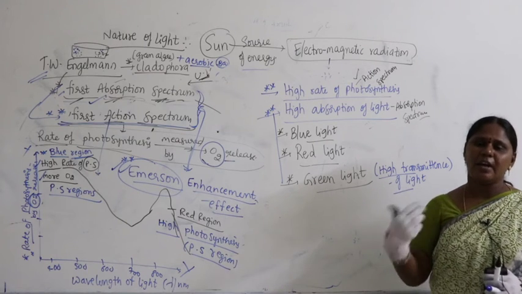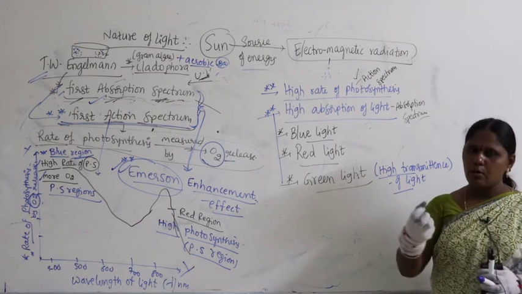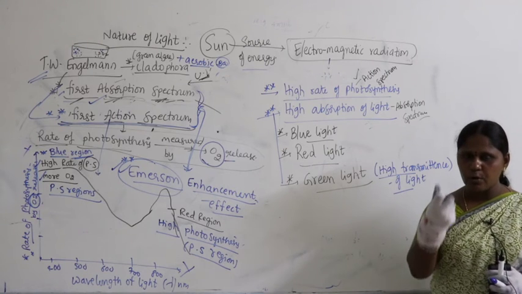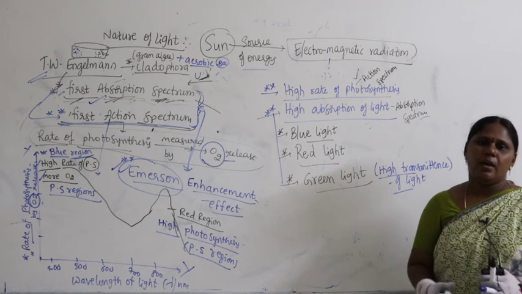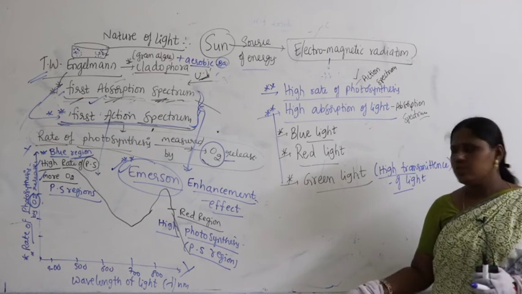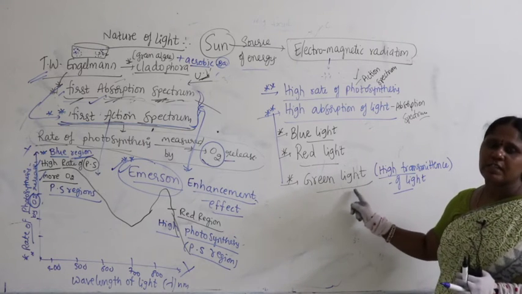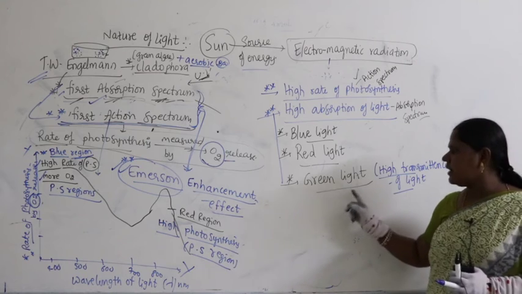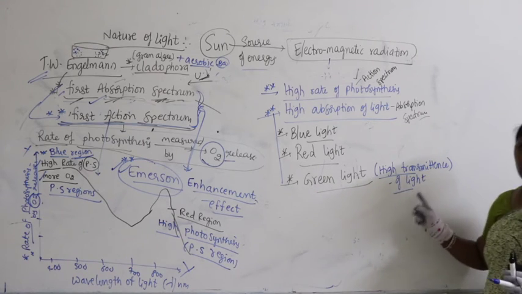Chlorophyll absorbs less of the green light and there is more reflection. So the parts of the plant look green in color because green light shows high transmittance of light.